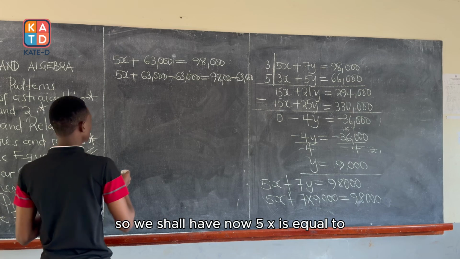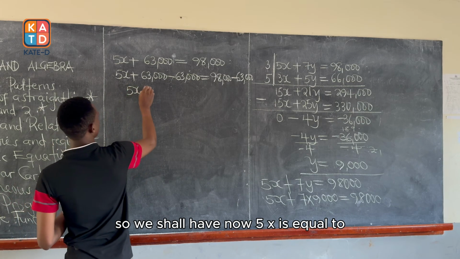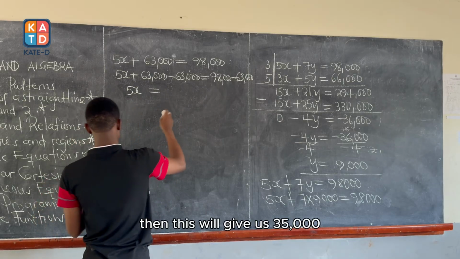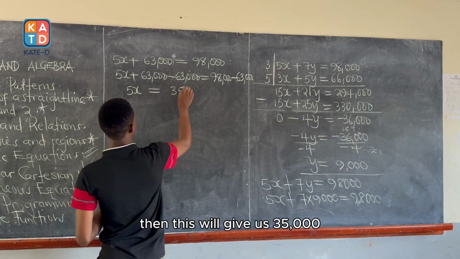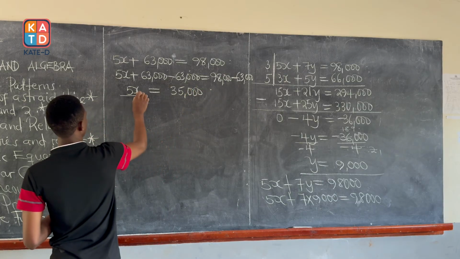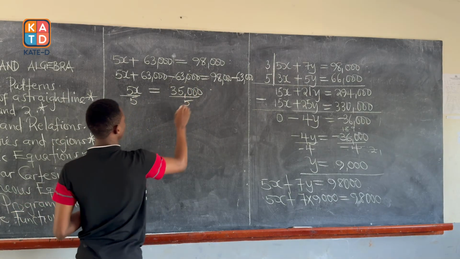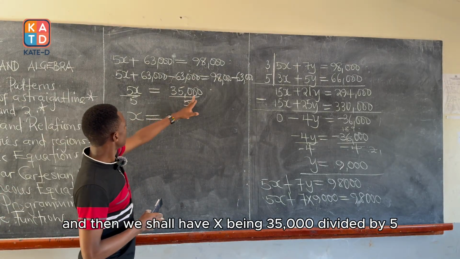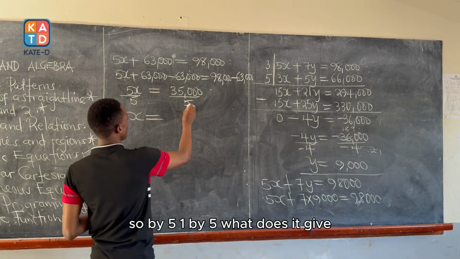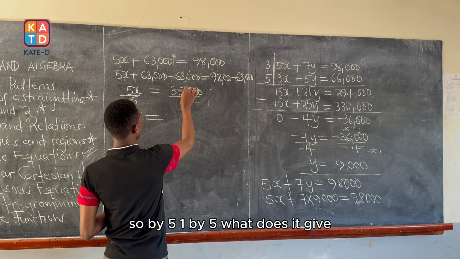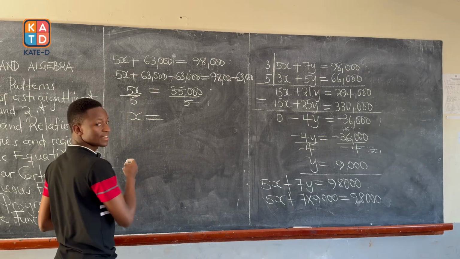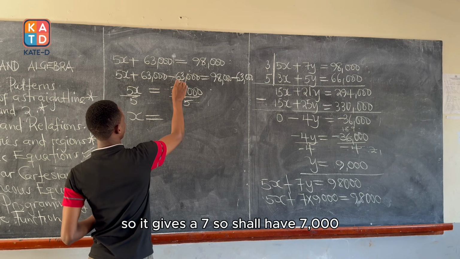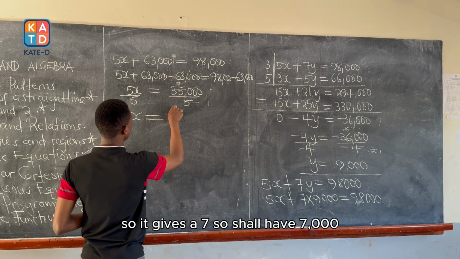So we shall have now 5x is equal to, since this 63,000 cancels out, 35,000. Divide both sides by 5, and then we shall have x being 35,000 divided by 5. So by 5, 1 by 5, what does it give? So it gives a 7. So we shall have 7,000.